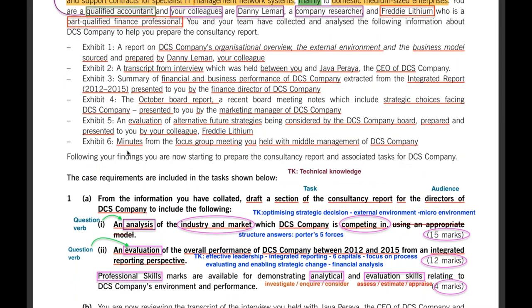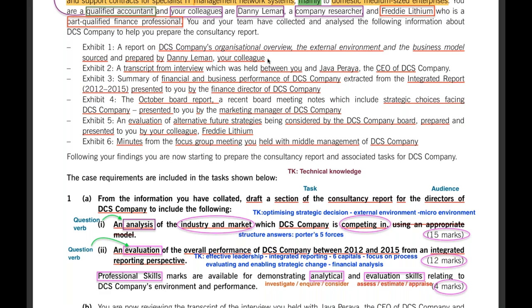Exhibit number 6 is minutes from the focus group meeting you held with the middle management of the DCS company. So basically, when you look at these exhibits, some are quite clear where you can gauge what the content of the exhibit should be.